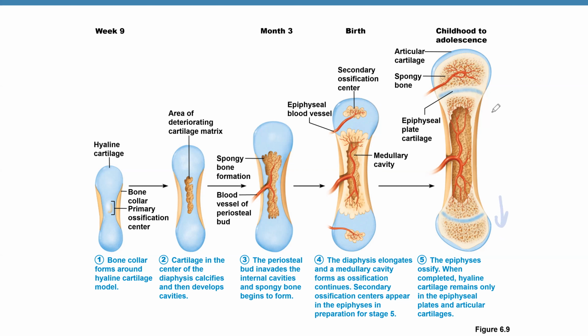And at the age 18 or 20, we use all of this cartilage, and instead of epiphyseal plate, we have epiphyseal line, and the longitudinal growth of long bone stops, right? Okay. Thank you for staying with me through all this explanation.